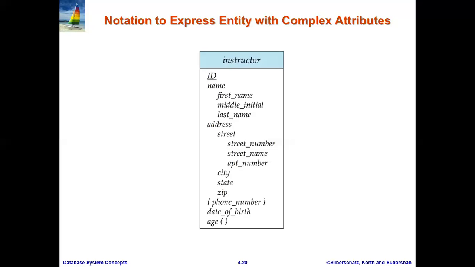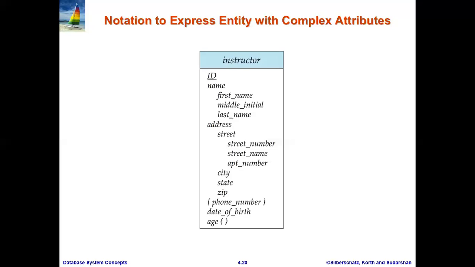Now ID is shown and it is underlined. It indicates that ID is the primary key of the relation, the primary key of the table instructor. Now name is shown, name is an attribute, but below name there are first name, middle initial and last name.